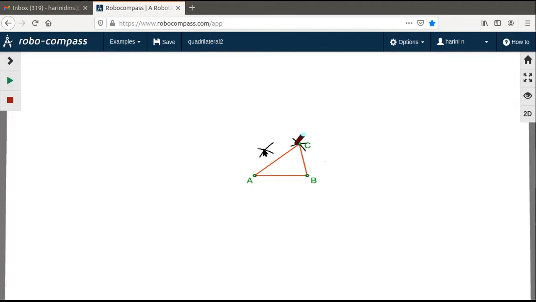So D is at a distance of 2.5 centimeters from A and 4 centimeters from B. So you have got the point of intersect. Label that as D. So your second triangle will be ready. That is ABD. By joining AD and BD, you will get your second triangle ready.